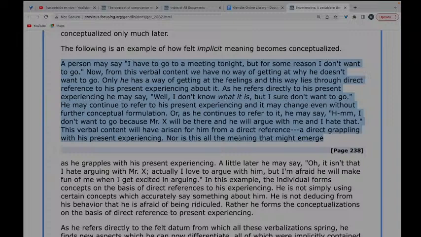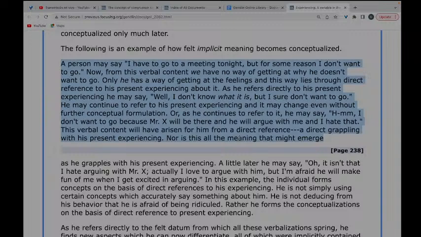He may continue to refer to his present experiencing, and it may change even without further conceptual formulation. Or, as he continues to refer to it, he may say, I don't want to go because Mr. X will be there, and he will argue with me, and I hate that.